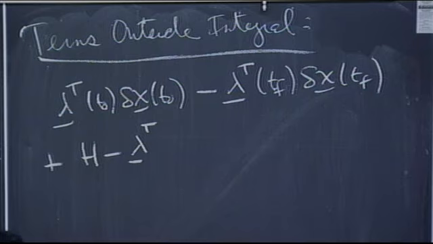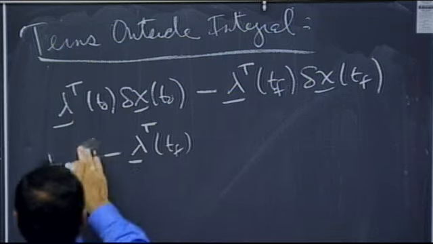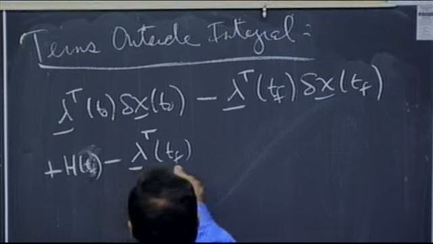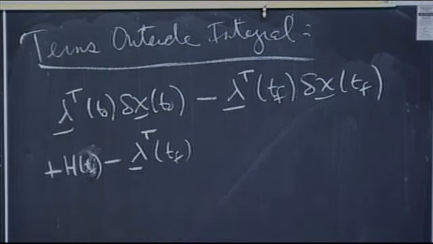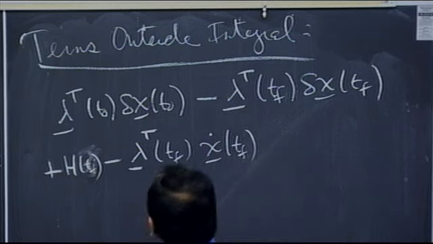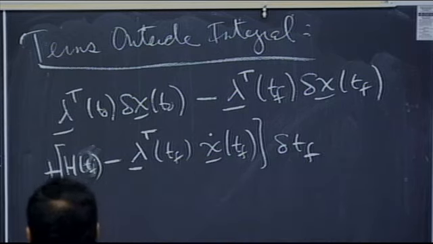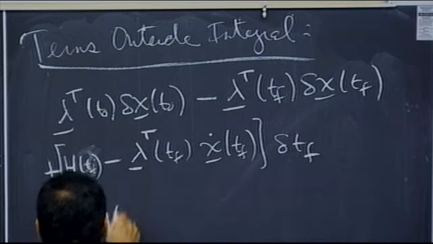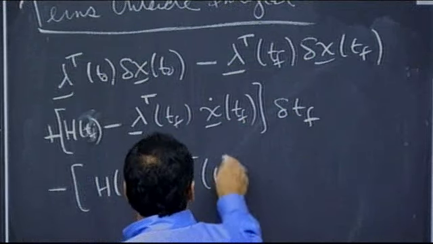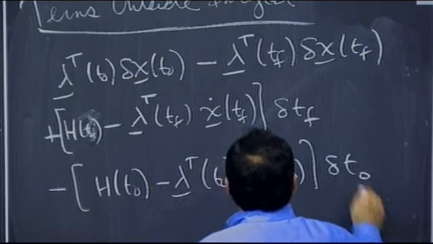Now if I plug in the value, lambda transpose at tf, let's just abbreviate this. Let's say h at tf minus lambda transpose at tf times x dot at tf. This whole thing is multiplied by the variation in tf. And then I've got minus h at t0 minus lambda transpose at t0 times x dot of t0 times the variation in t0.